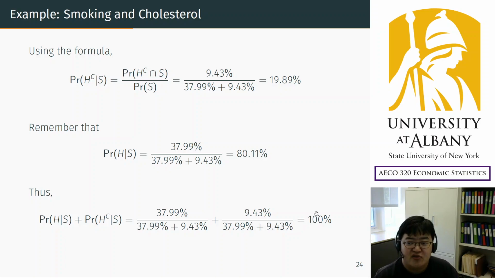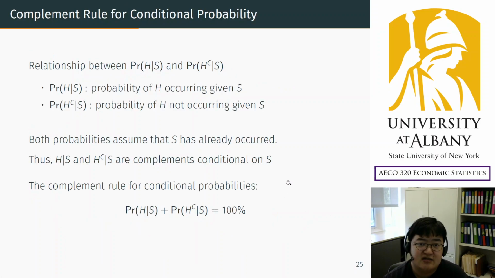So this is not a surprising result if you understand how conditional probabilities are calculated. If two probabilities share the same condition, then the complement should give 100%. That is the complement rule for conditional probability, right? So remember, the condition should be the same.